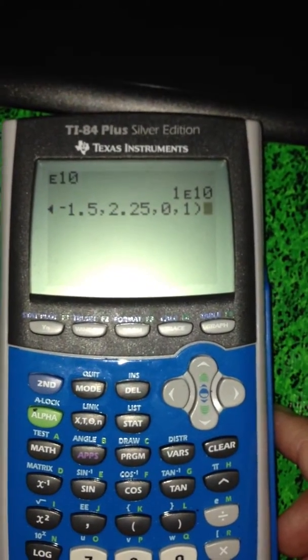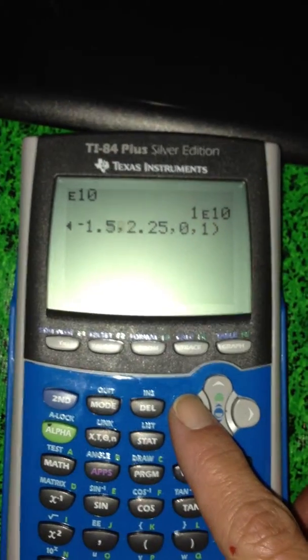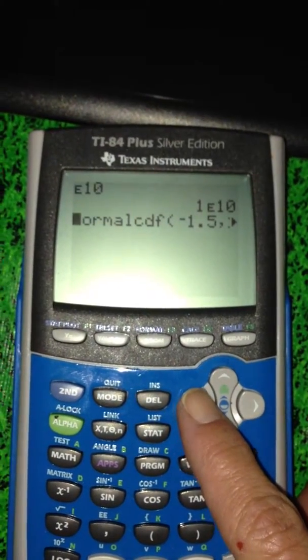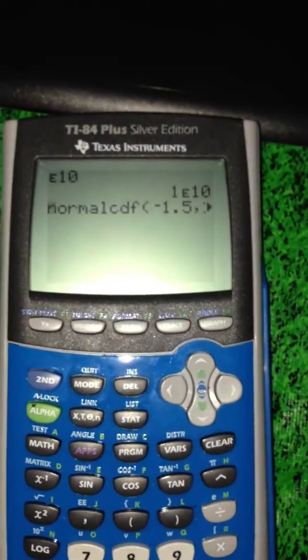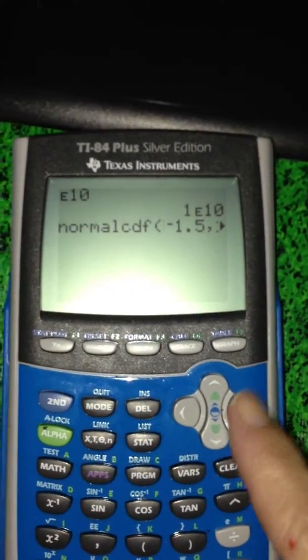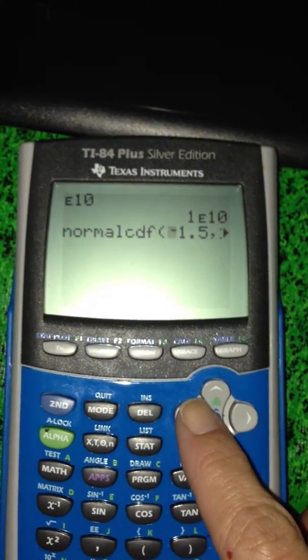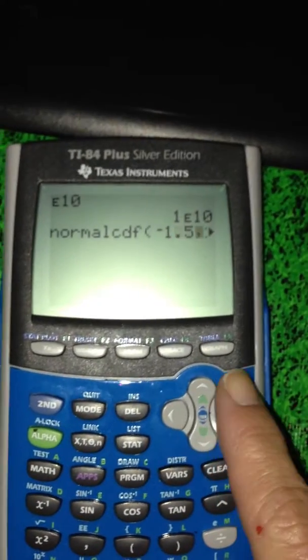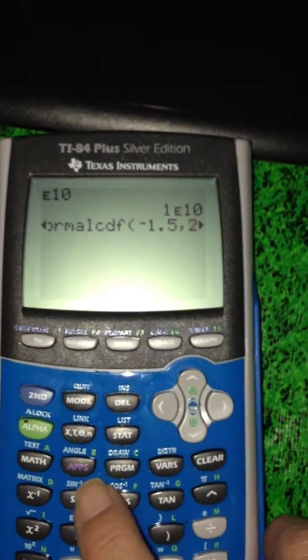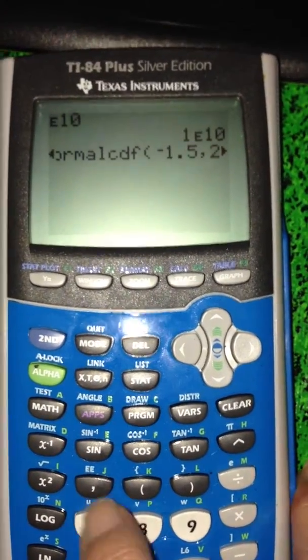And then this is what you would see if you had a calculator without the newest operating system. When you hit the normal CDF on the distributions menu, it would come up and be waiting right at this point here for you to enter a negative 1.5 and then a comma. And remember, the comma key is right above the 7 key.